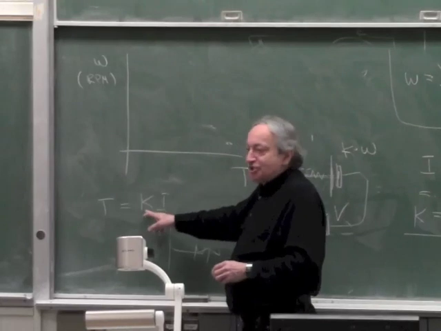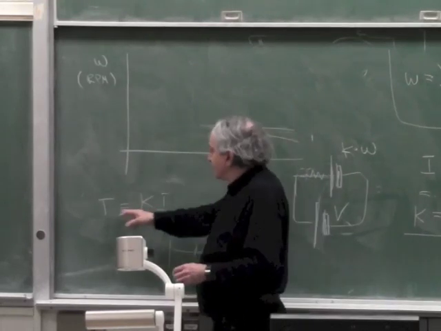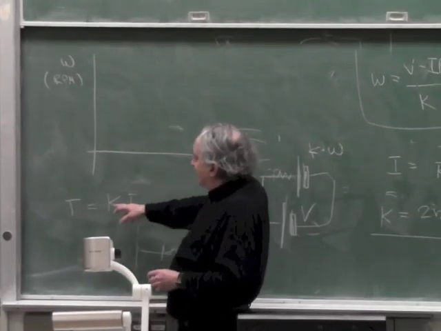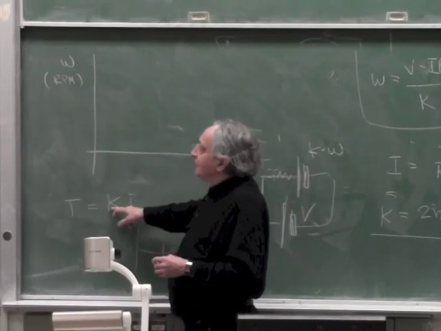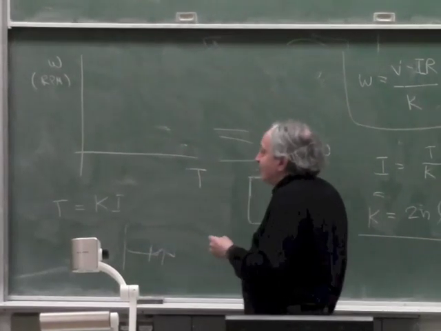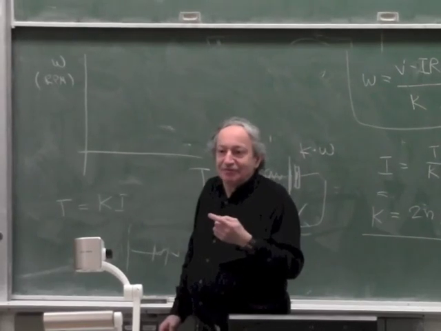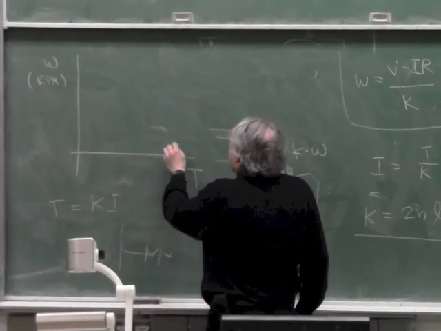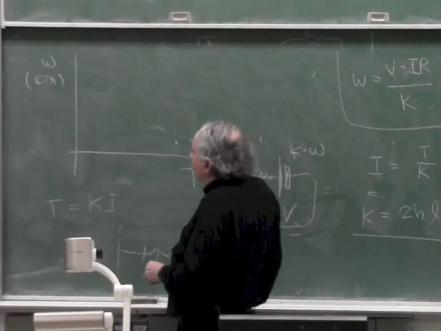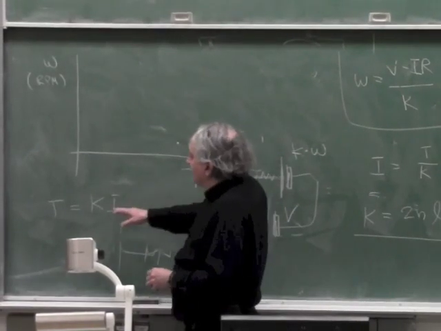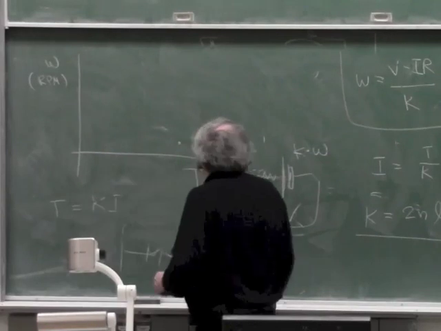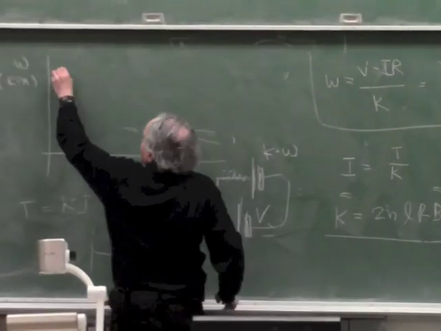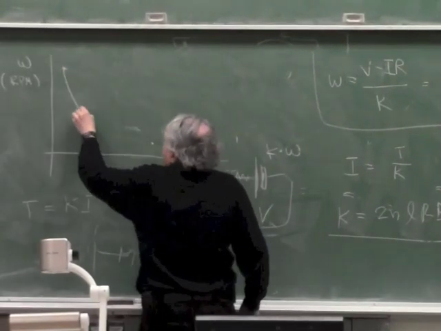Never mind that K keeps changing in this design, but the higher the torque, the higher the current. So if the current is higher, K goes up too, so the motor doesn't have to turn fast to generate the back EMF. So at high torques you have high current, and you work like here. At low torques, you get a low current, then you get a low K, and if you get a low K, the motor has to turn very, very fast to match the voltage. You get this.